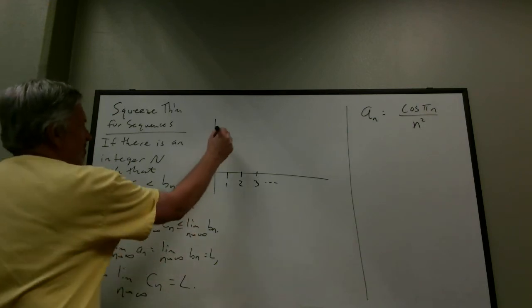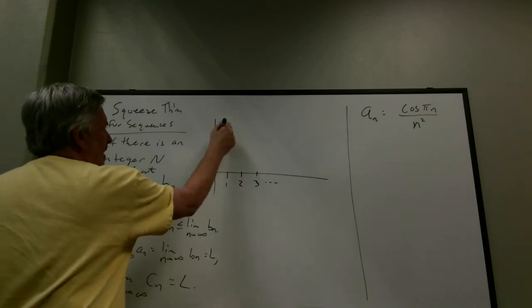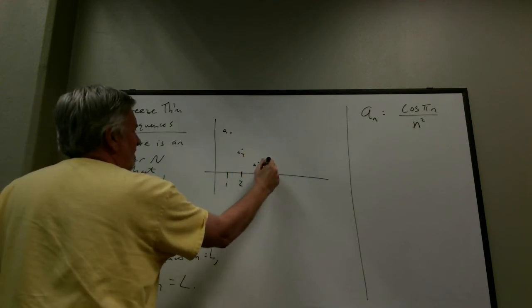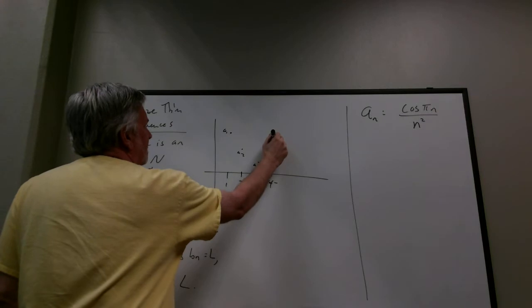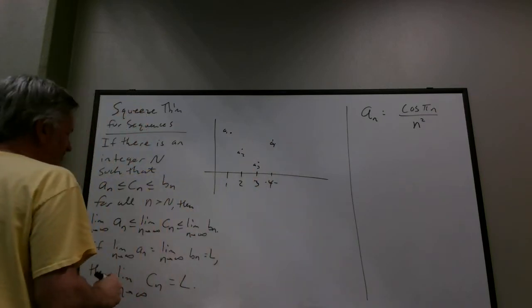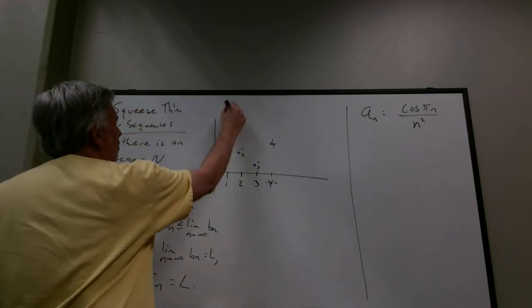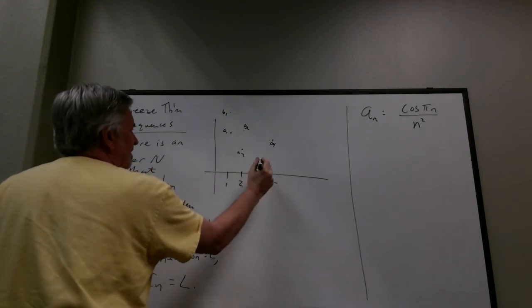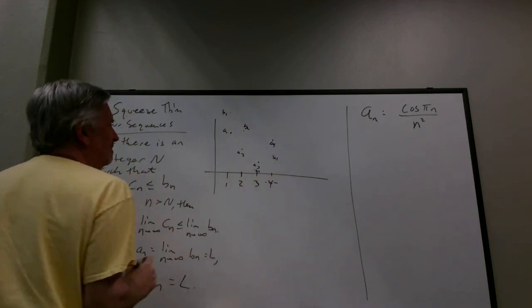So for example, suppose a1 was here, the y value, and a2 is here, and a3 is here, and a4 is here, etc. And then if we go to the b's, suppose b1 is up here, and b2 is here, and b3 is here, and b4 is here.